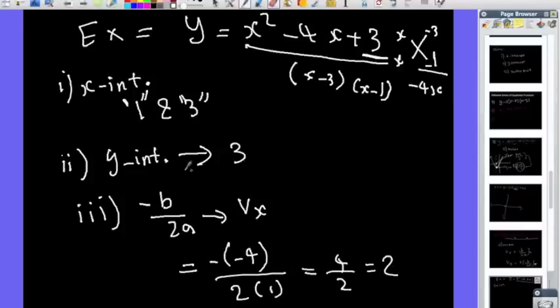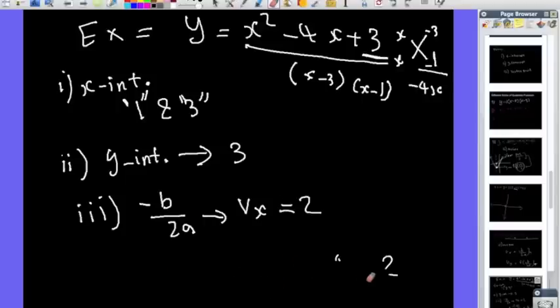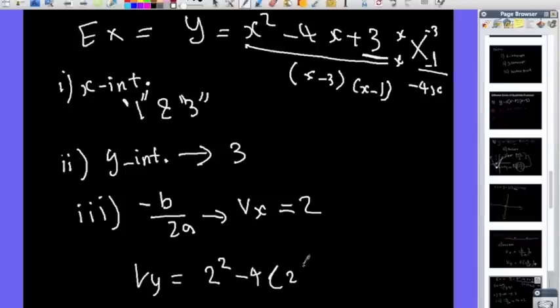So the vertex x equals 2, and for the y, you replace the x with 2, so it would be 2 squared minus 4 times 2 plus 3, so it would be 4 minus 8 plus 3, and you would be left with -1.